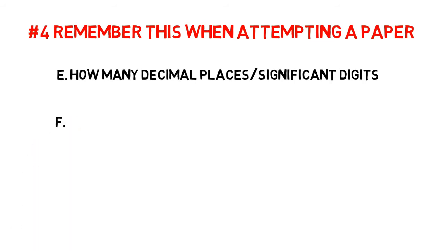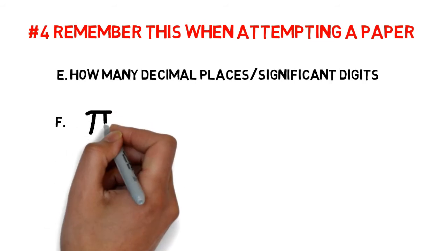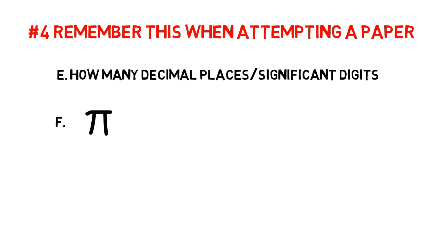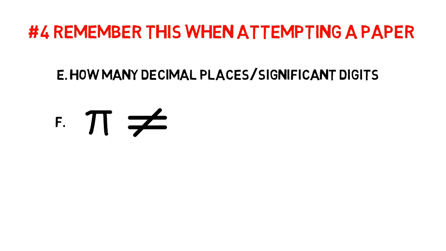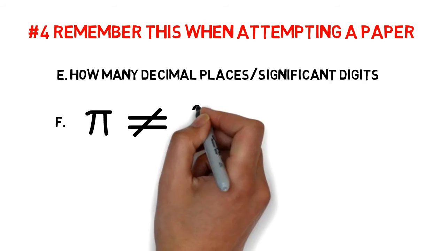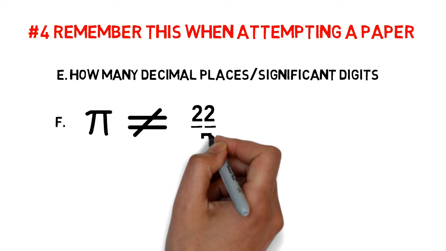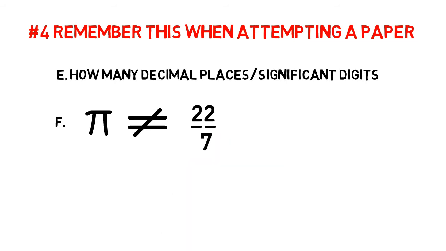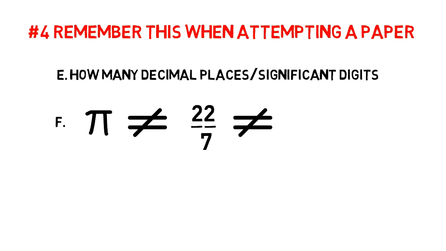Another query which students usually have is, what value of pi should I use? Should it be just 3.14, or is 22/7 good, or do I have to use some other approximation? On the first page of the paper, normally they ask you to use 3.142 or the calculator value so that you have good accuracy while solving.